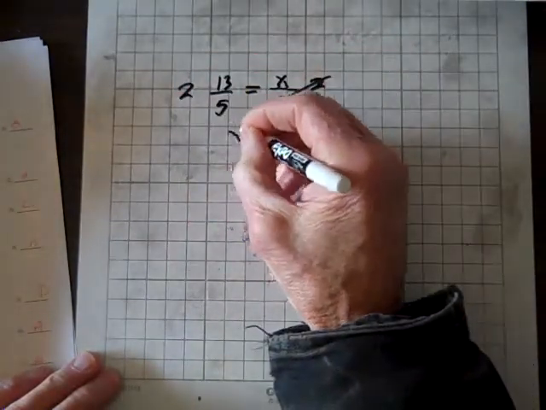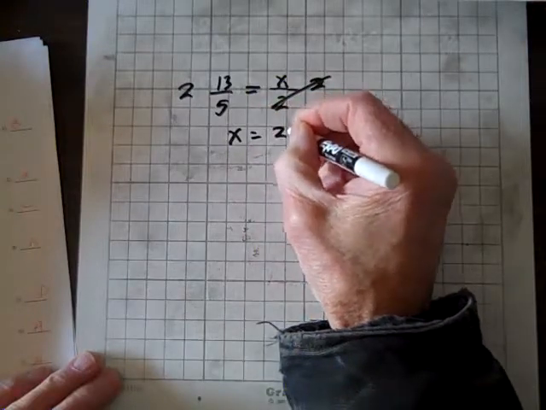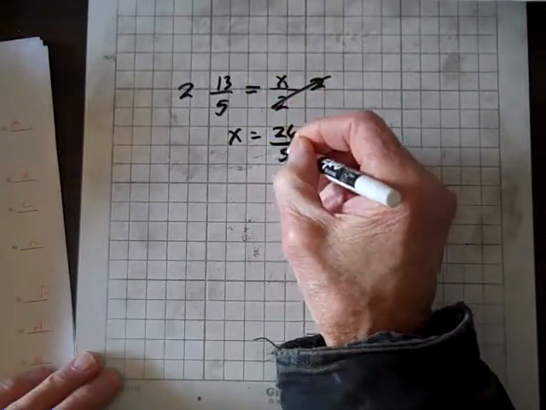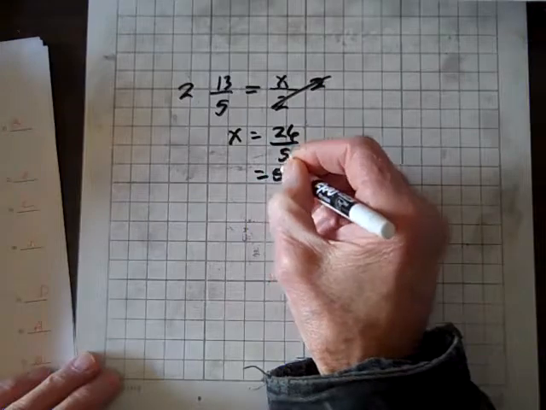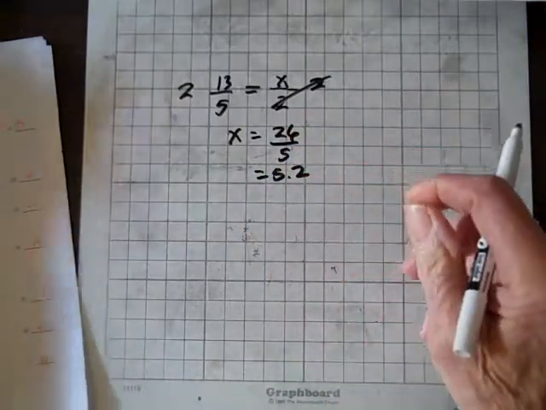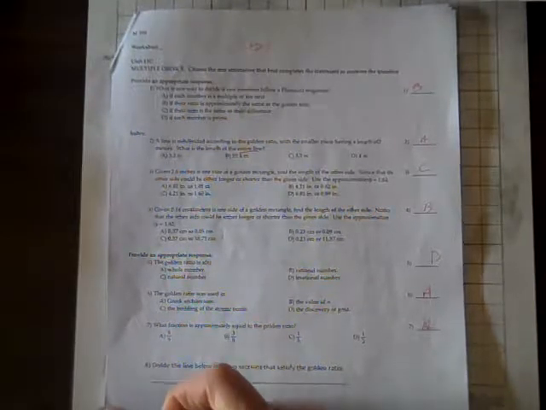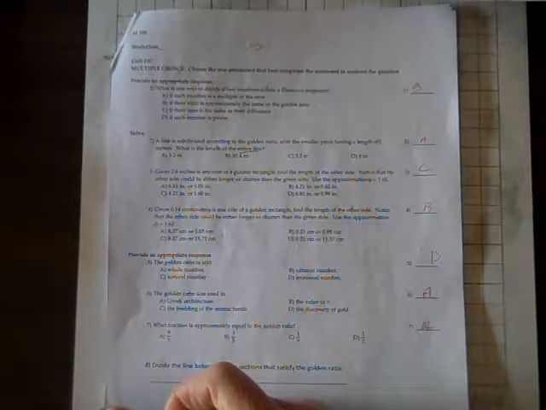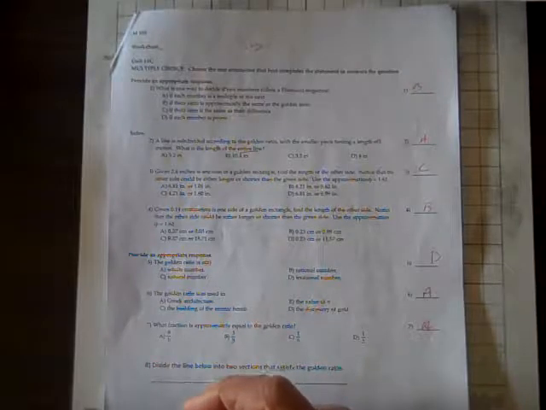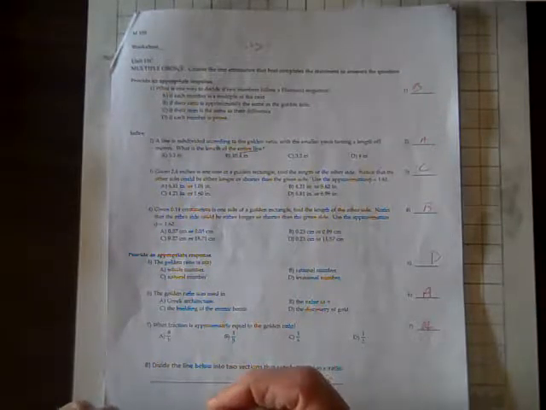These divide out, so x equals 26 over 5, which equals 5.2. And you can see it is A.